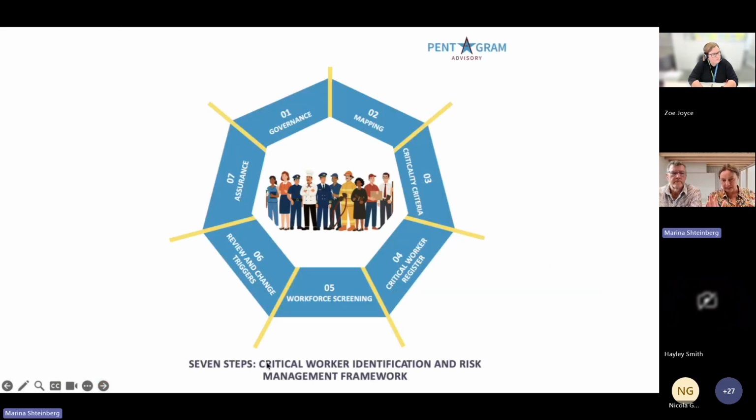So this is a 7-step critical worker identification and risk management framework, where you will see there are similarities with supply chain mapping, because at the end of the day, it's about protection of the same critical components of the same critical infrastructure assets with the same security risks. You just look at it with a different lens.